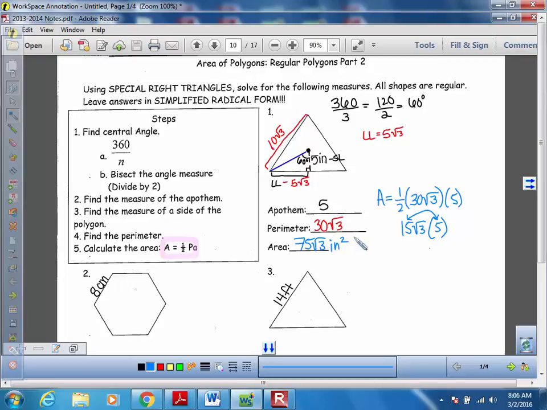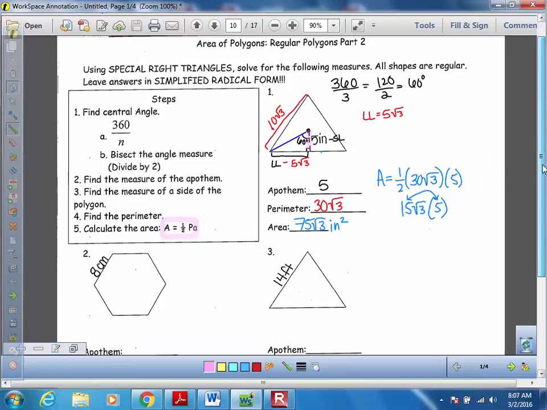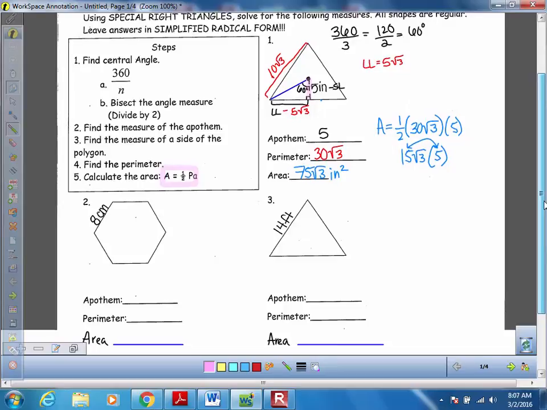So yesterday, all of our problems that we worked, we were given our apothem. Today, we're going to be given sides or radiuses or maybe apothems, and we're still finding the area. So let's look at example 2.